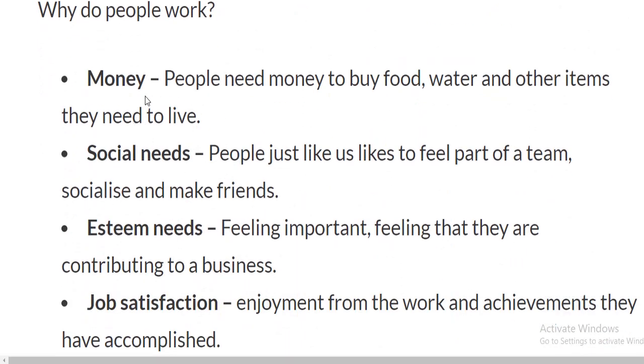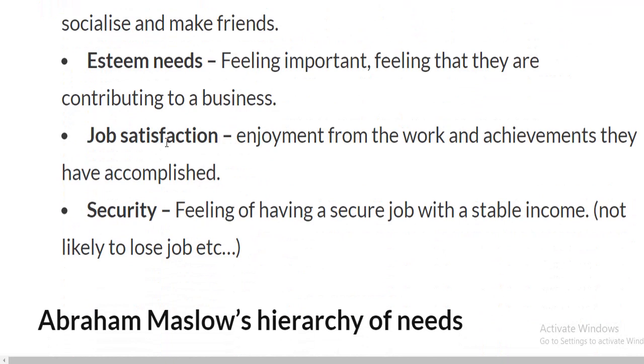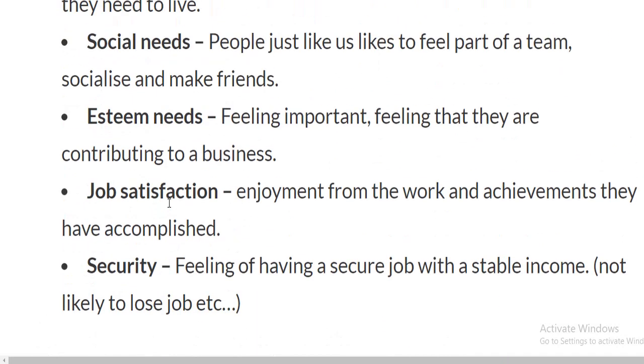Money, and we have different types of motivations: money, social needs, esteem needs, job satisfaction, and security. I keep mentioning this again and again because it will be included in the first question, about the identification of the different levels of Maslow's hierarchy of needs.